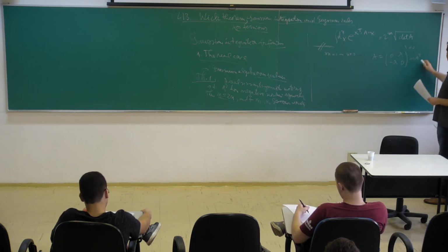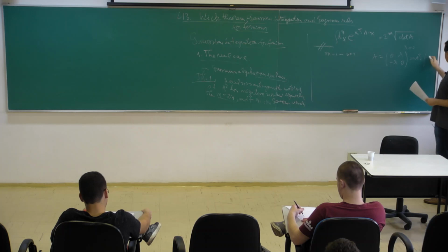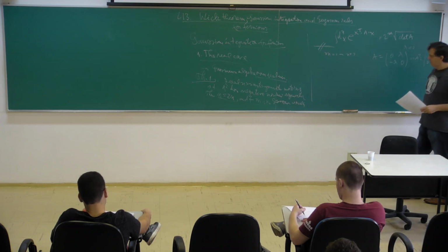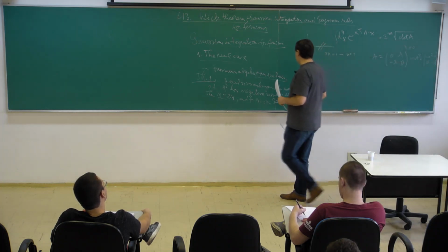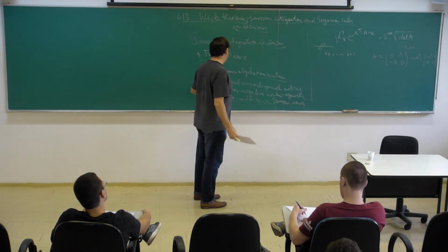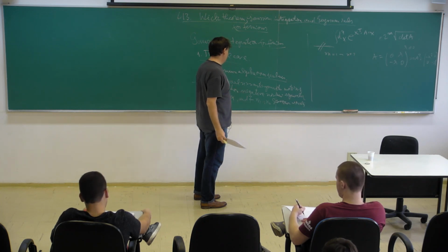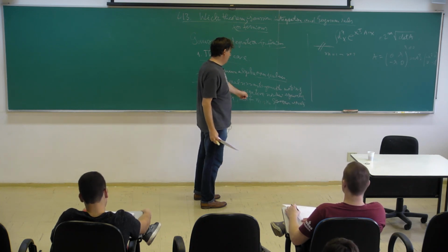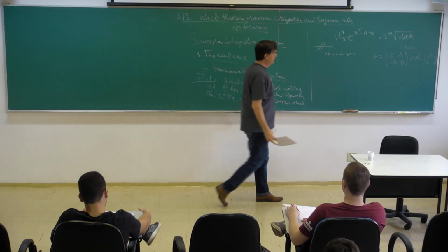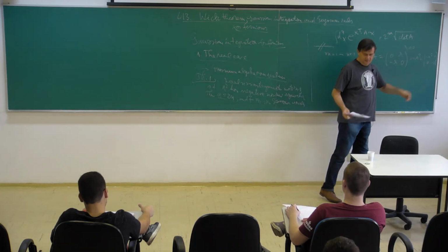Then A squared is this times this, minus lambda squared, and the same for the other entry. So A squared is diagonal, and the condition that A squared has negative non-zero eigenvalues holds if lambda is different than 0.